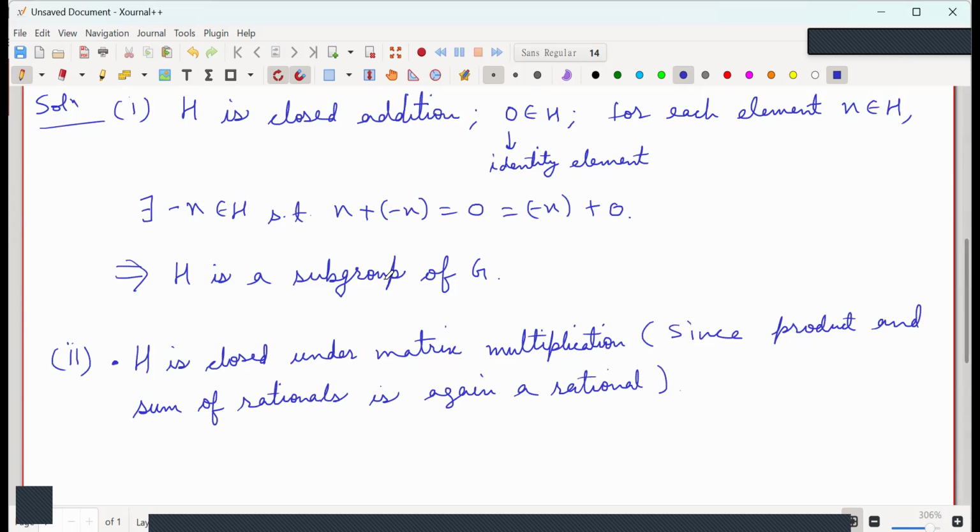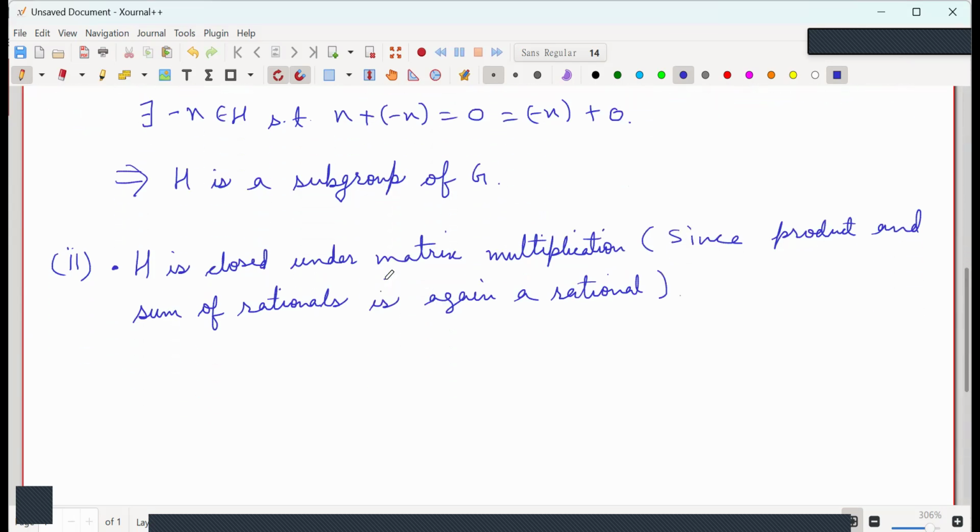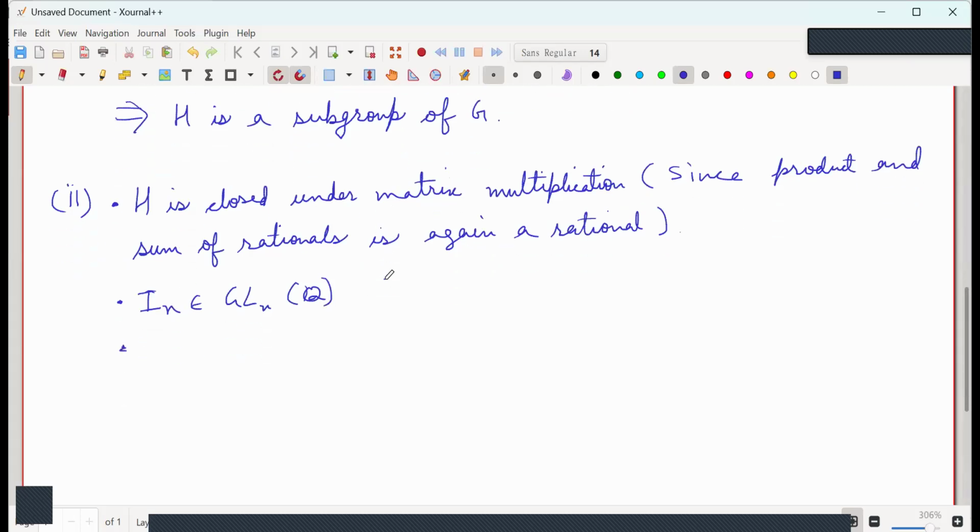Right? So it's closed under matrix multiplication, and identity, of course, belongs to GLNQ. And the third is H is also closed under inverse, right? So I hope it is clear to everyone.